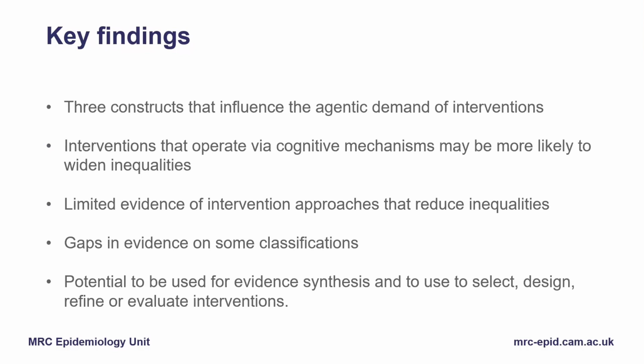We really found very little evidence of intervention approaches that do reduce inequalities, but found gaps in evidence on some classifications. And our potential practical implications are that this has potential to be used in evidence synthesis, but also in the selection and the design of interventions or in intervention evaluation.